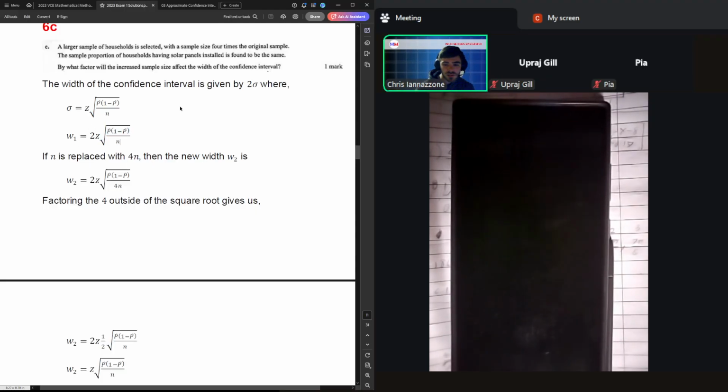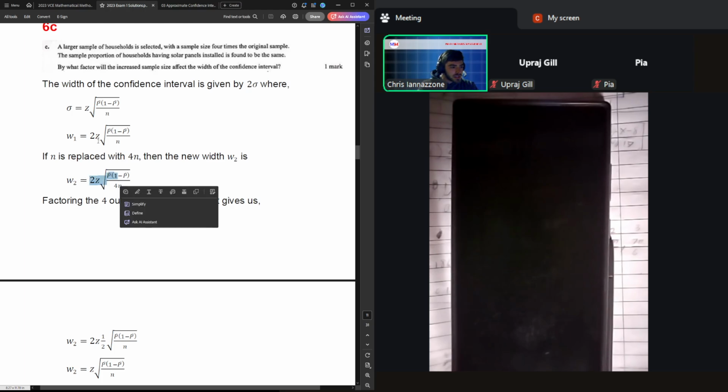As I was saying earlier, the width is given by the z p hat square root term. In fact, it's given by 2 times that because you've got 1 on the right and 1 on the left. So whatever your original width is, it's going to be based on 2 times this standard deviation term. Then the next thing I suggested was you see what happens if you replace n with 4 times n.